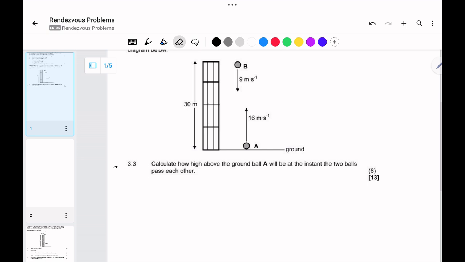Now, the first thing that I have to say is that the method that I'm going to demonstrate in this video works for problems of the following type. You need to have two objects that meet. You don't know where they meet or when they meet. So that's fairly complicated because there are, of course, two things that you don't know here.